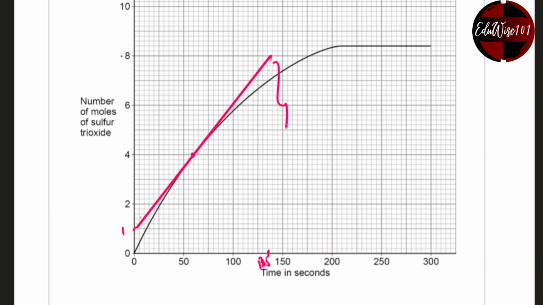So the change in y is 7. The change in x is 135.